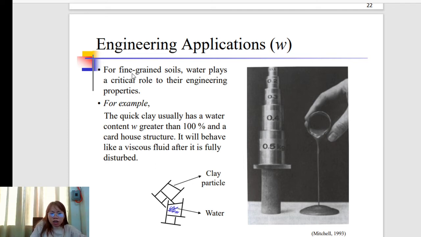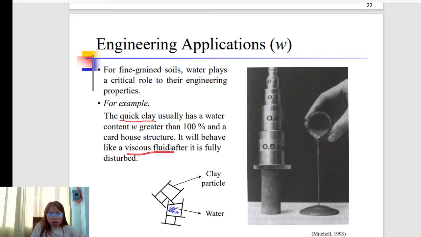Yes, especially fine-grained soils. So if there is more water content, greater than 100%, no, the quick clay will become like a viscous fluid.